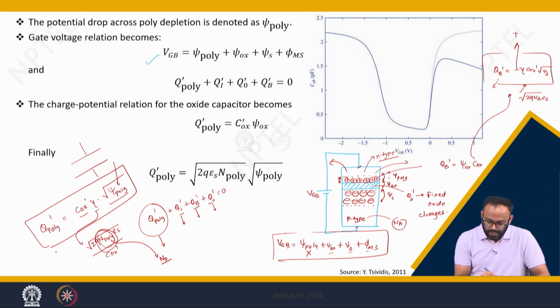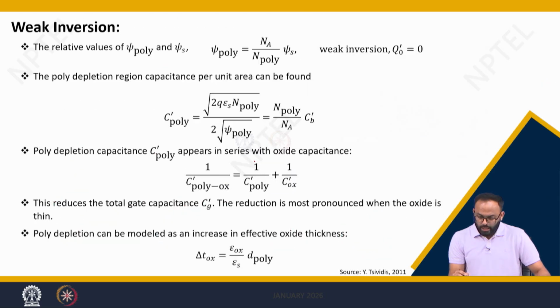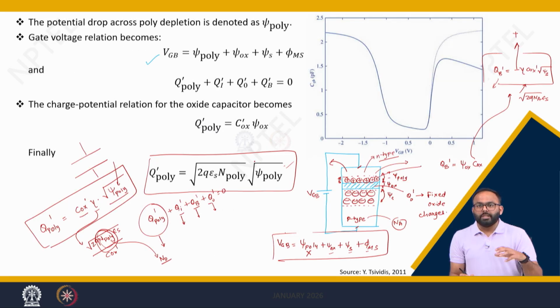So, I can simply write the charge equation as square root of 2 into Q into epsilon s into n poly into square root of psi poly, where these all are known quantities now. Now, can I calculate the capacitance for weak inversion? If you see the whole system, we do have 6 variables to play with.